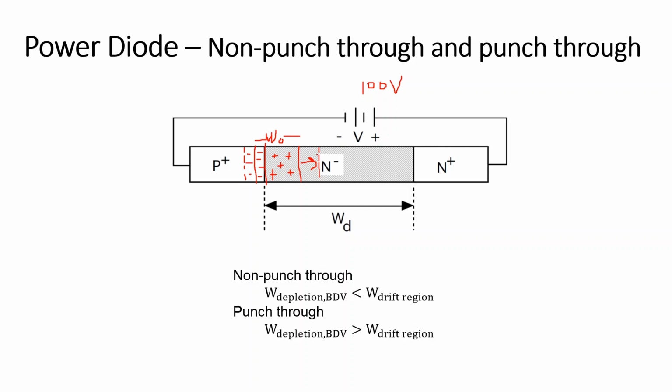Now if you keep on increasing this reverse bias voltage until you get the breakdown voltage here. Let us say the breakdown voltage of this device is 800 volts. So let us say you reverse bias with 800 volts. So the depletion region width will be very large. Let us say it is here.